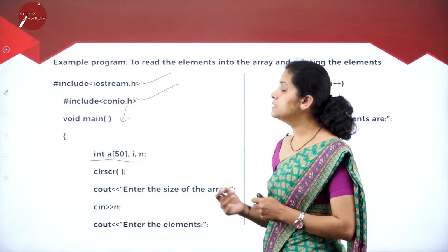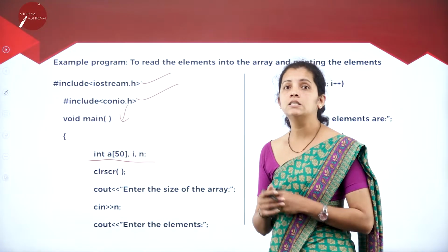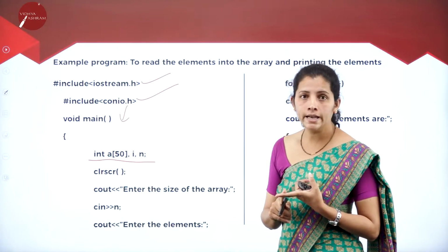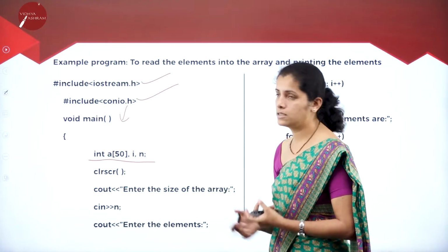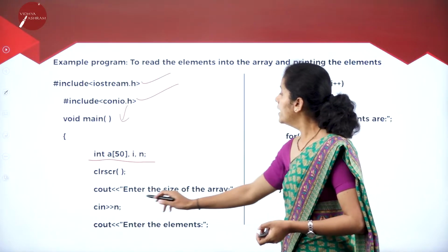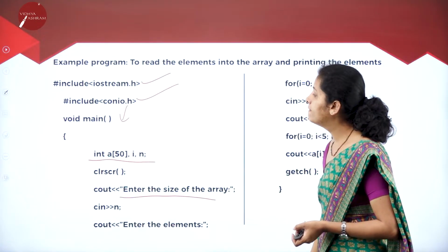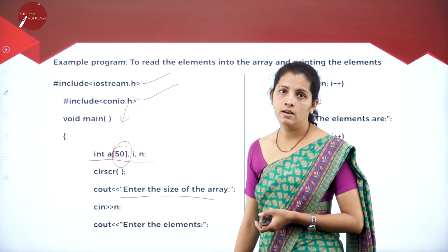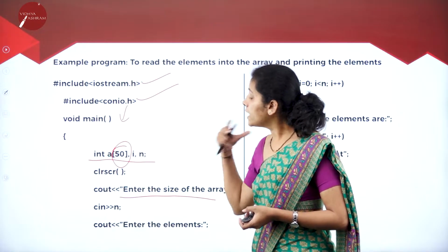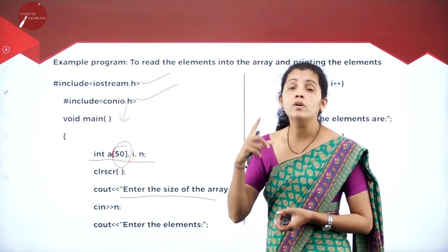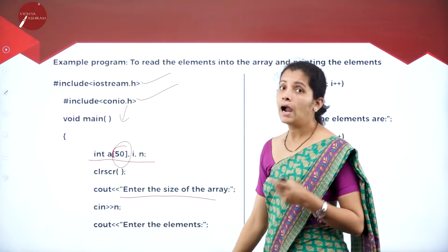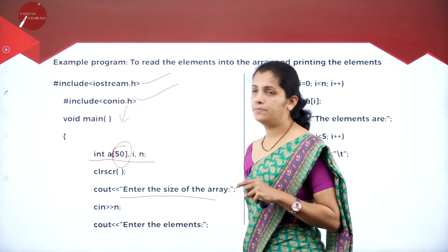How many variables I'm going to use here? That is 3. One for my array, one for my index and one for my size. Now, what is A of 50? Here, I can store 50 elements in my array A, and it's of type integer.